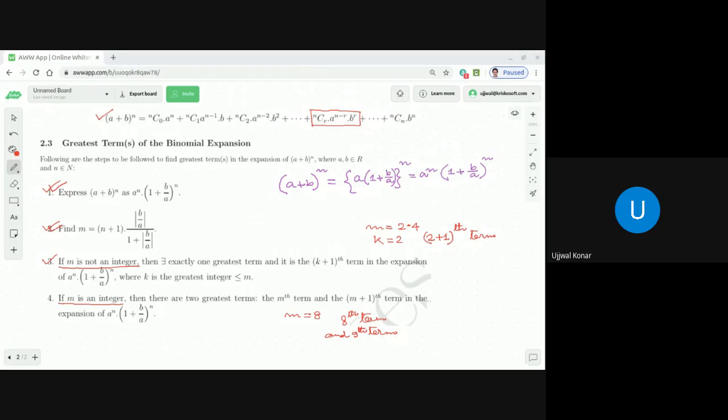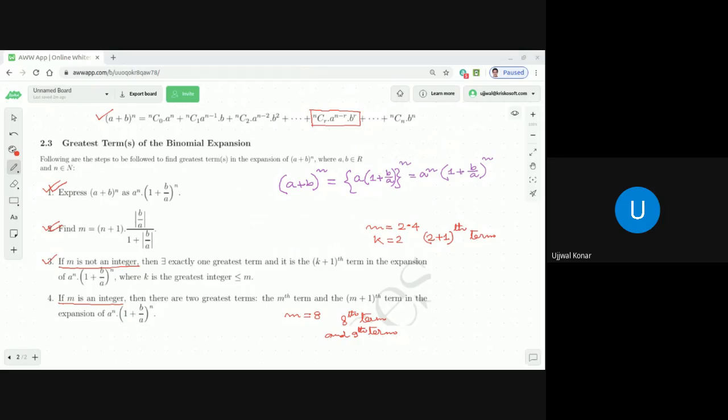So what I'm going to do now is conclude the class. But before that, I just want to give you some useful expansions. That is the last point for today. In the next class, we will do more practice from whatever we have done, and I will also give you the relevant DPPs.